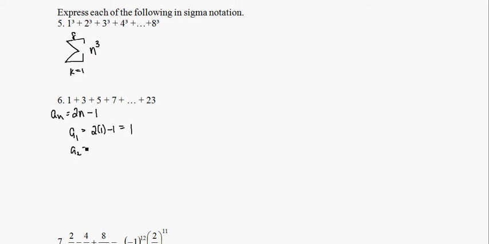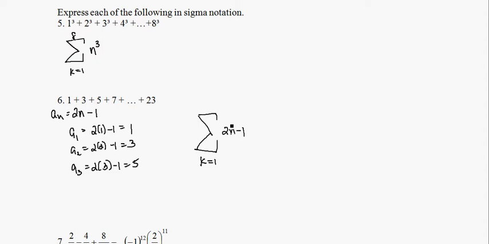If I plug in 2, I get 2 times 2 minus 1, which is equal to 3. If I plug in 3, I get 2 times 3 minus 1, which is 5. And here are my odd numbers. So therefore, my sigma expression is going to be k equals 1 to, 2n minus 1.